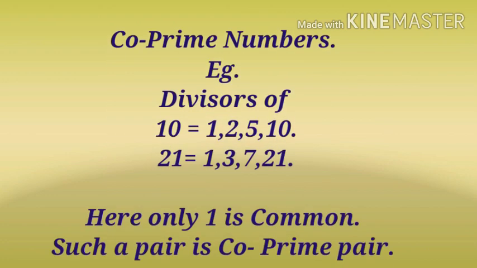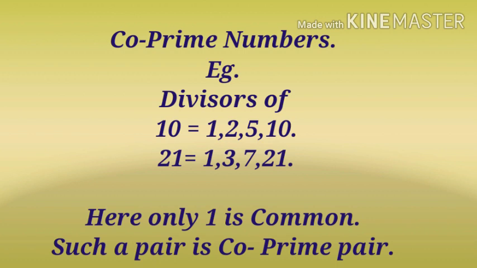Now let's see co-prime numbers. Two numbers which have only 1 as a common factor are called co-prime numbers. For example, 10 and 21. The factors of 10 are 1, 2, 5 and 10.